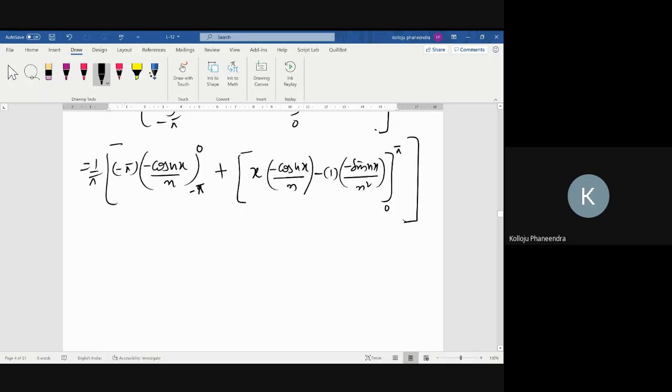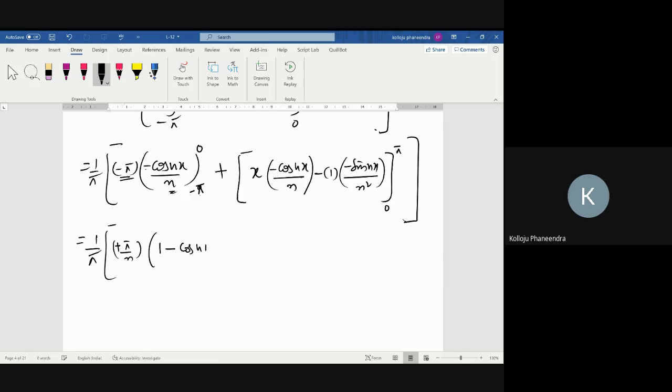Okay, now substitution of limits. 1 by pi, this minus pi by n as it is, this minus pi and n outside, and upper limit first one. Anyway, this minus into minus plus, I will write plus. Cos 0 is 1, minus cos n pi, since cos of minus theta is cos theta, so cos minus n pi is cos n pi.